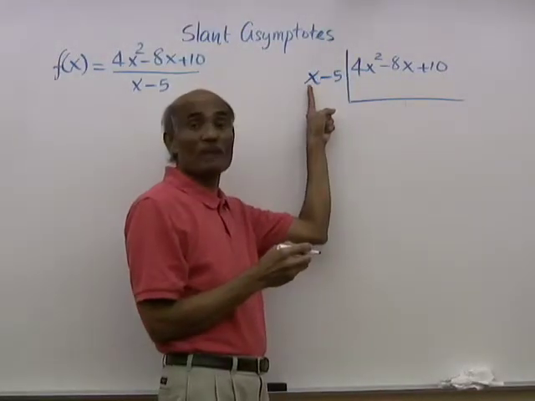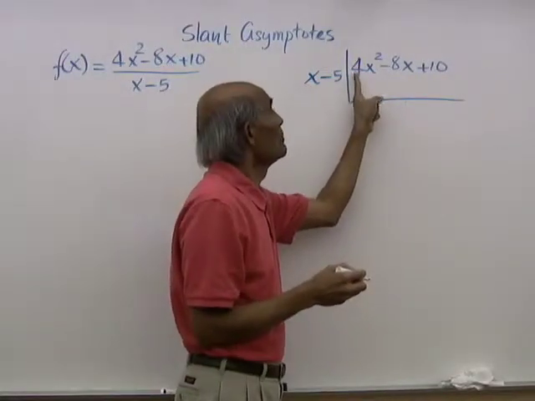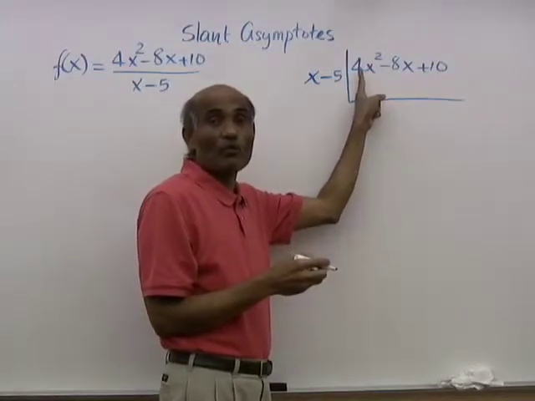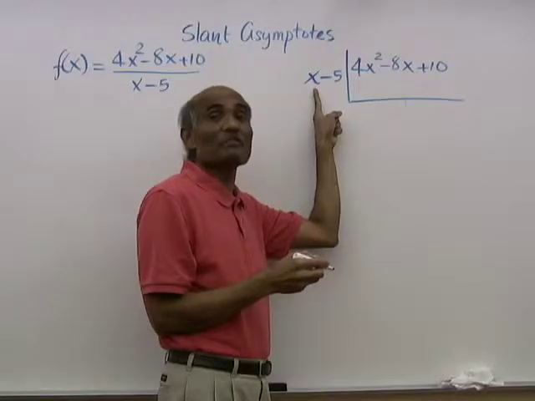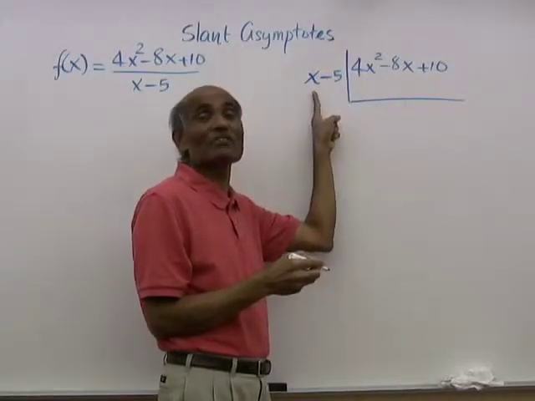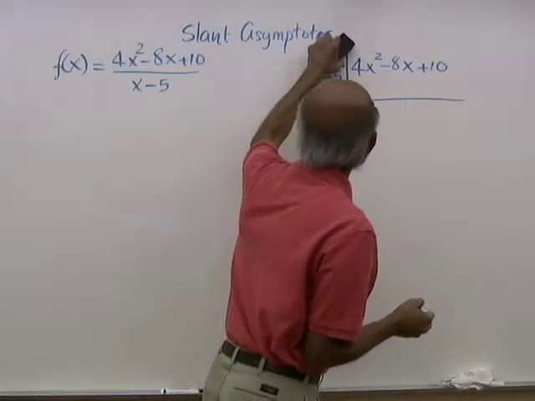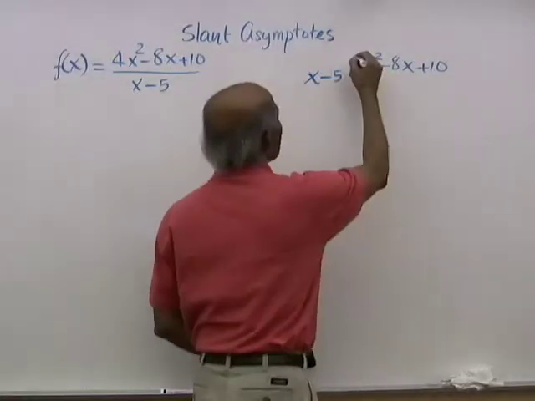This is the first term of the dividend, 4x squared. Divide that by the first term of the divisor. So 4x squared divided by x is 4x. Now, I'm going to put these lines the other way around to make it easy for us.